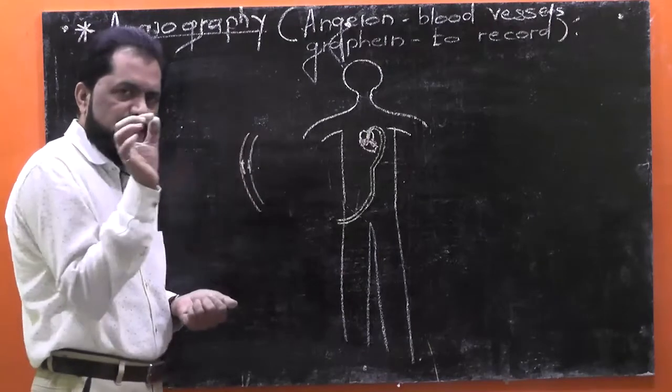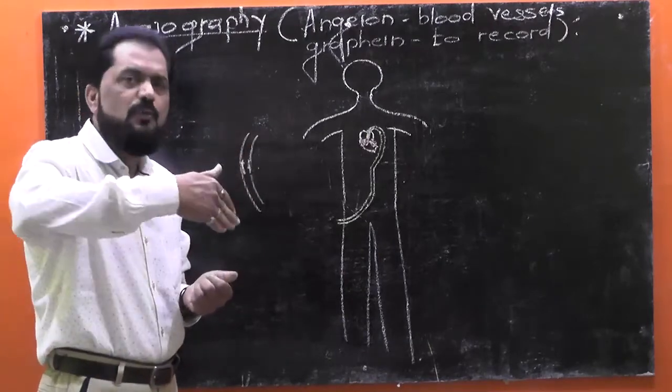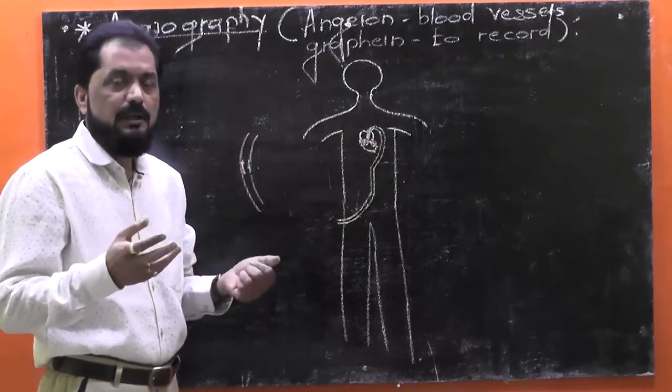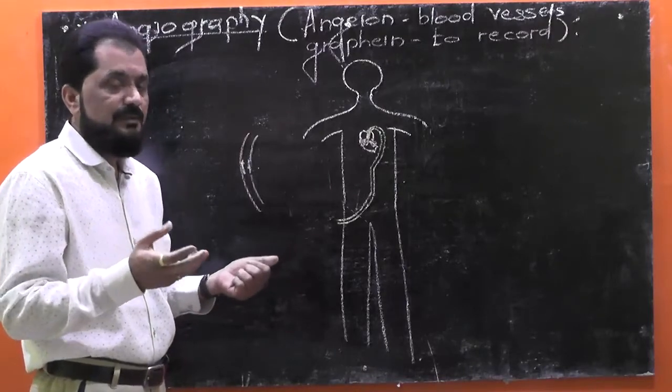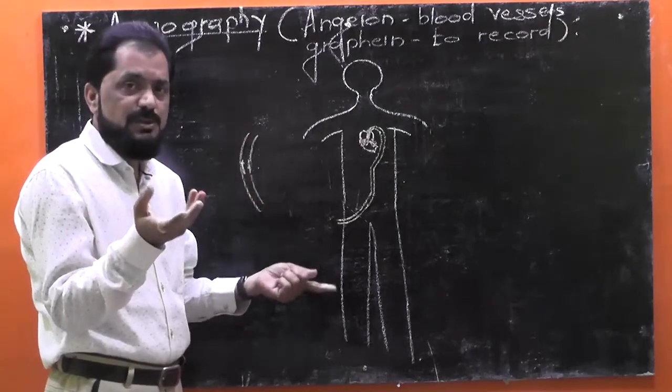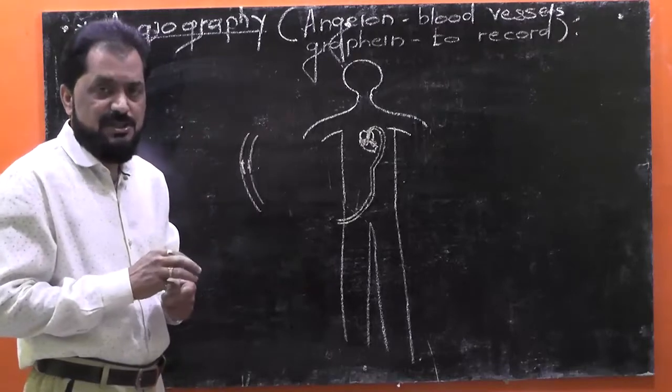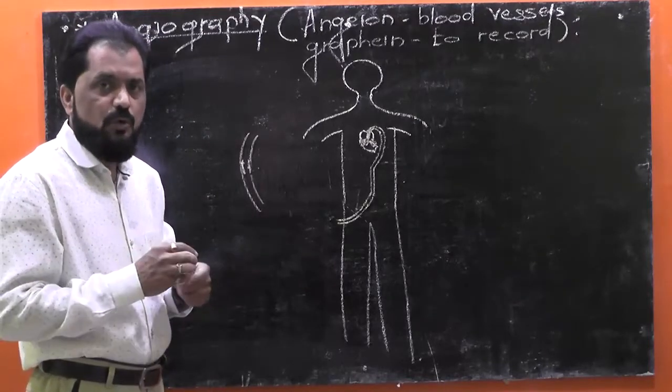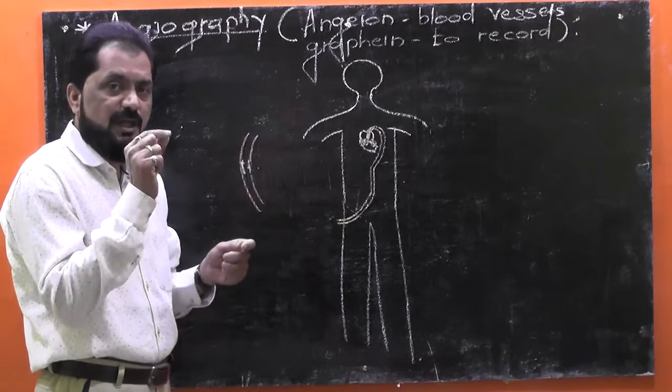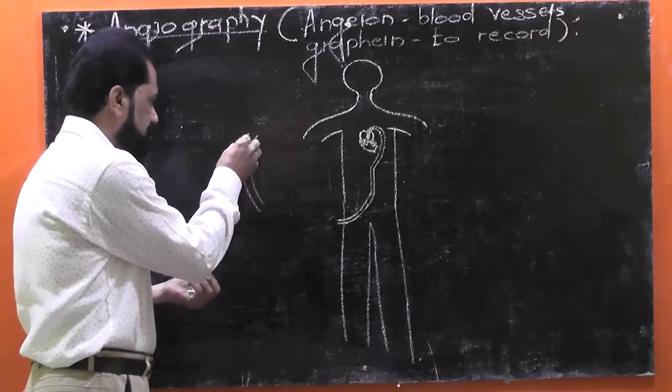of those coronary arteries in that region for the smooth flow of blood. Or in some cases, if angioplasty is not possible, then bypass surgery is carried out, in which a blood vessel is grafted in this manner.